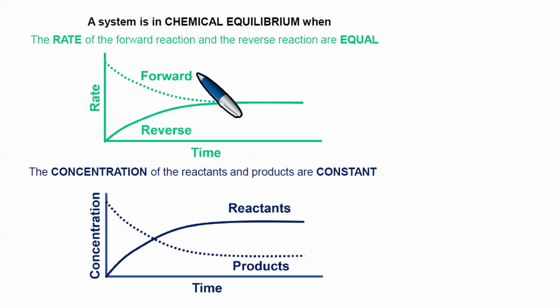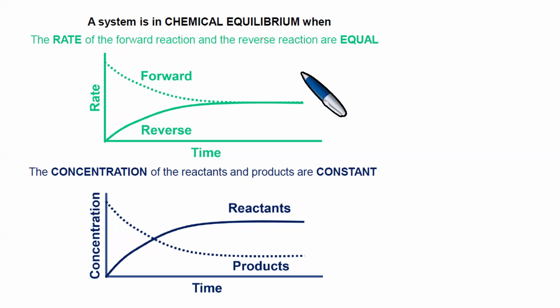Now, a system is in chemical equilibrium when the rate of the forward reaction and reverse reaction are equal.